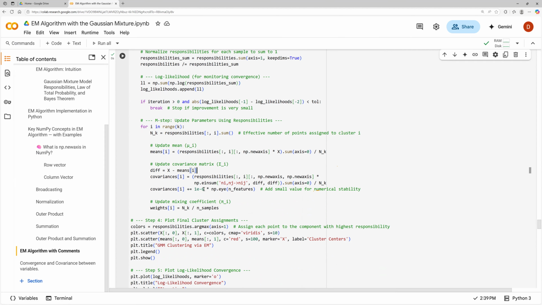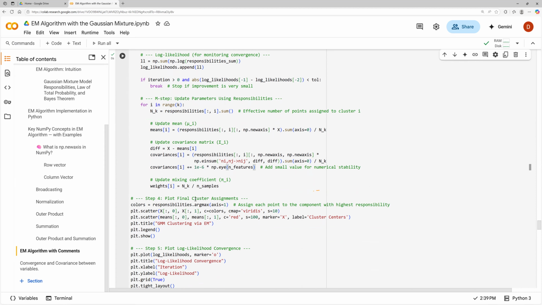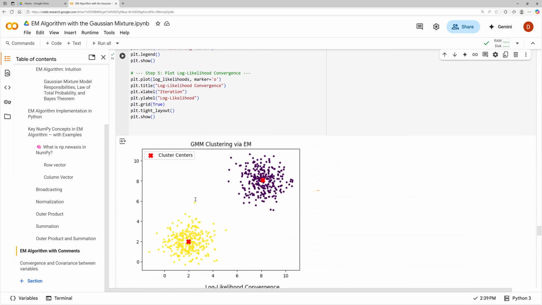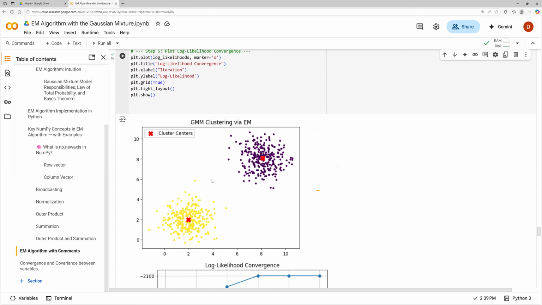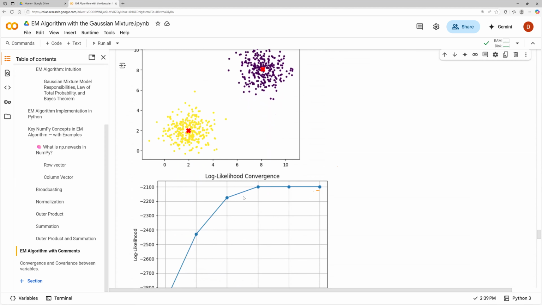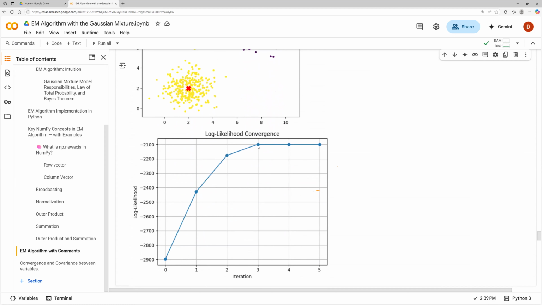Here again, I add a small value for numerical stability, remember, because of the possibility of dependence in the columns. And then we update the mixing coefficients. If I do this, it works out perfectly. It's separated well and it converges on the third iteration.